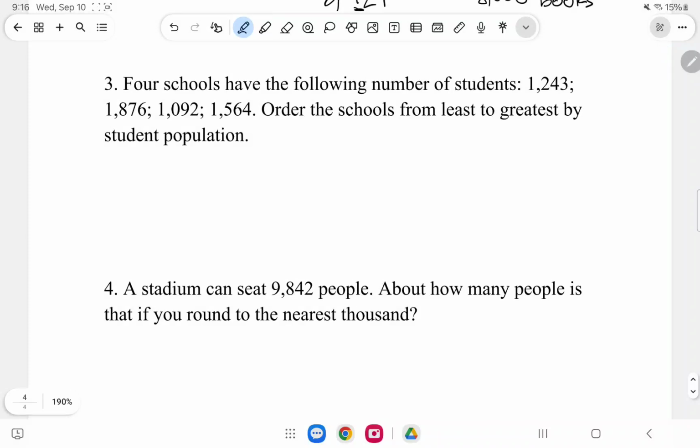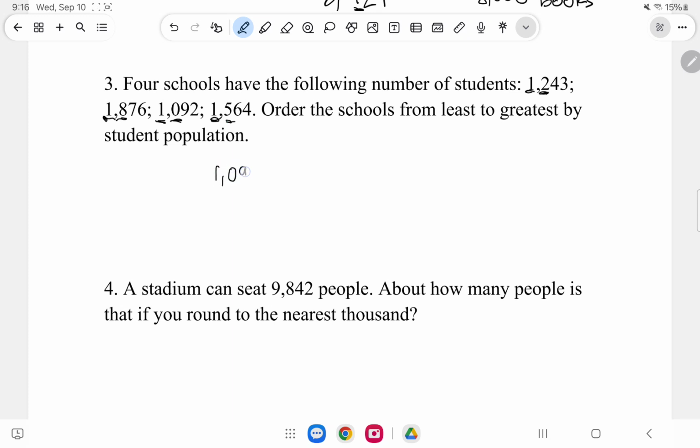Number 3, 4 schools have the following number of students: 1,243, 1,876, 1,092, 1,564. Order the schools from least to greatest by student population. So we're going to look at the thousands place first, which is all 1. Then when we get to the hundreds place, we see that 1,092 is the lowest.